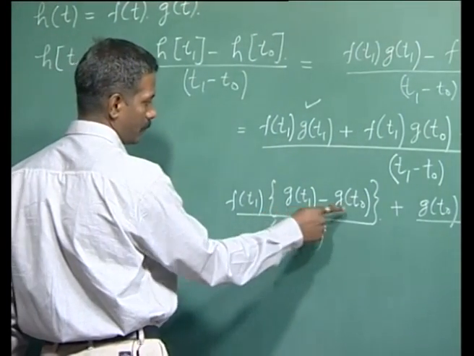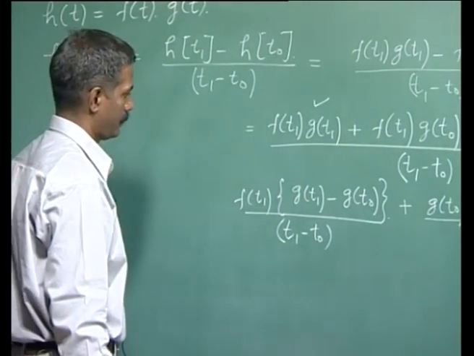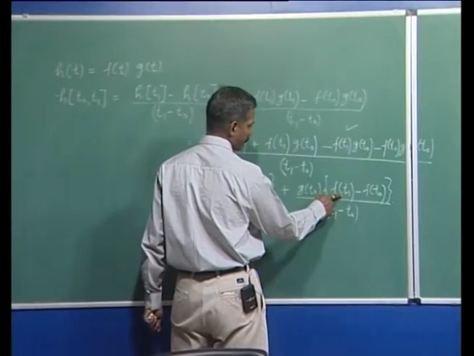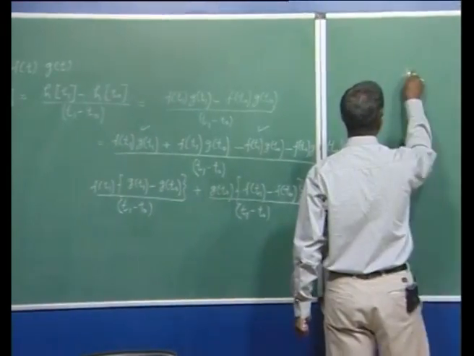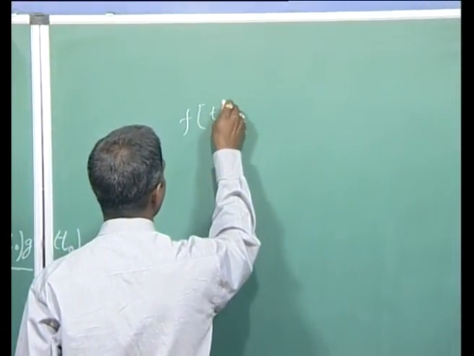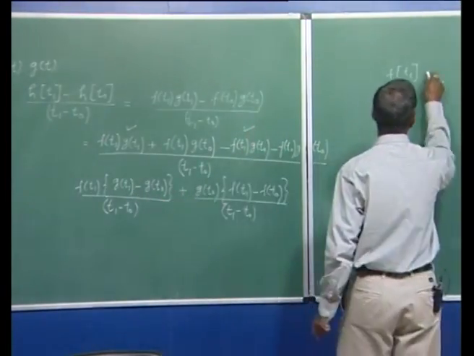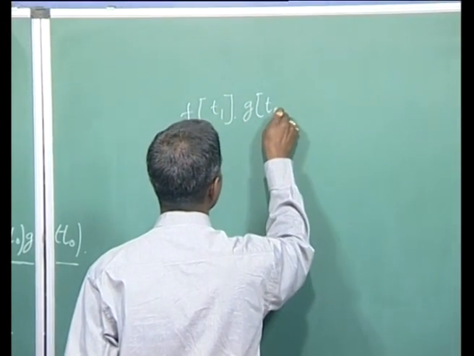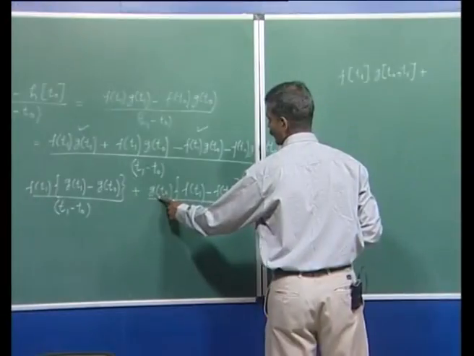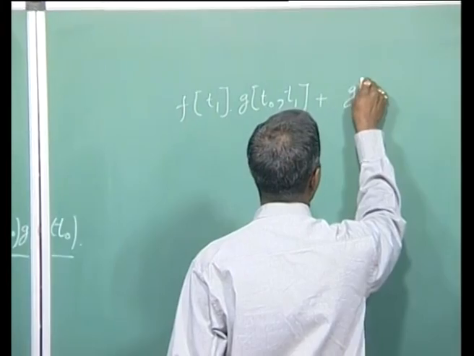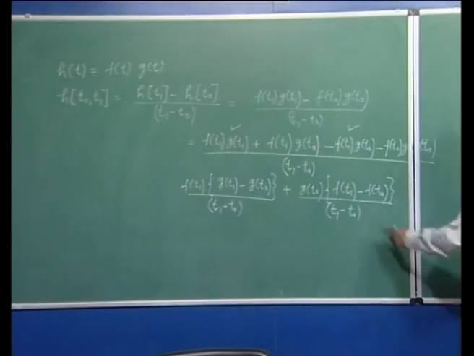Notice what g(t1) minus g(t0) over t1 minus t0 is. Likewise, what is f(t1) minus f(t0) over t1 minus t0? We have f(t1) times the first divided difference in g, which is g[t0, t1], plus g(t0) times the first divided difference in f.